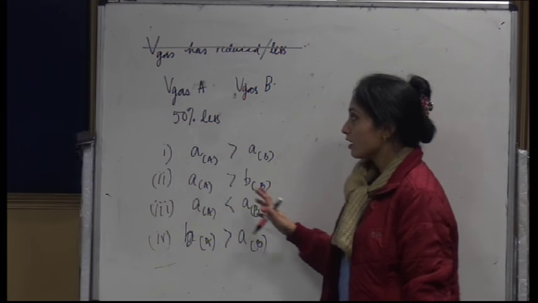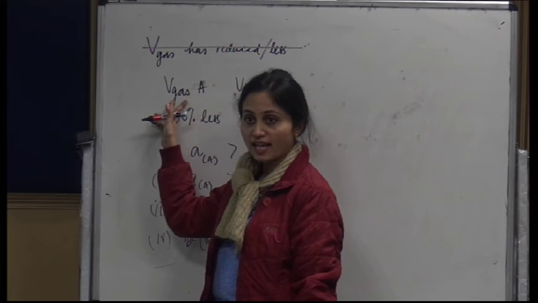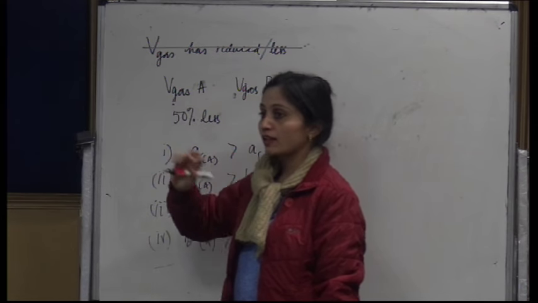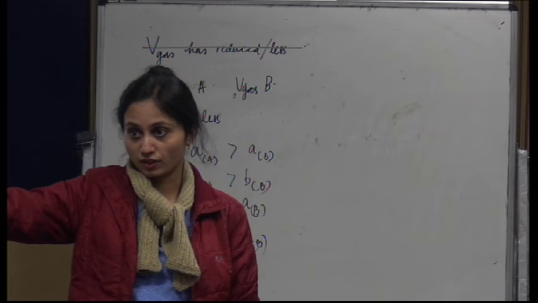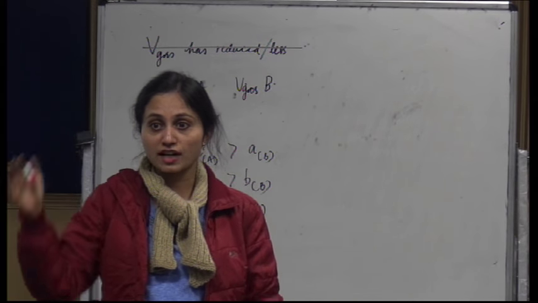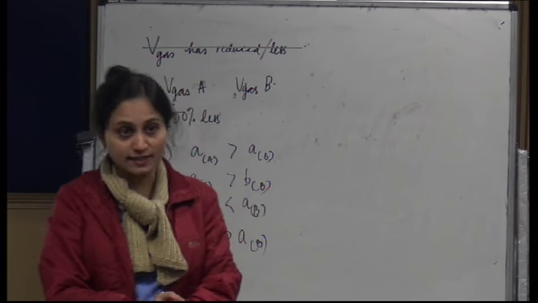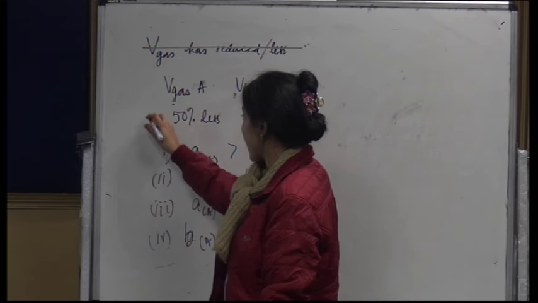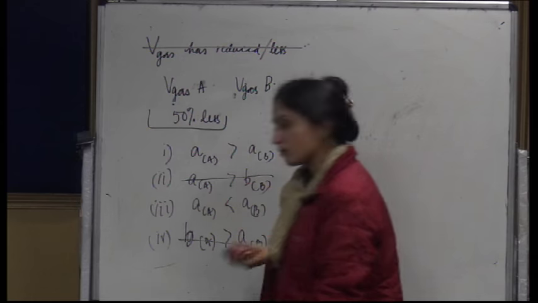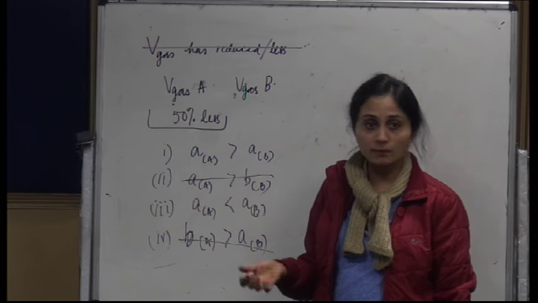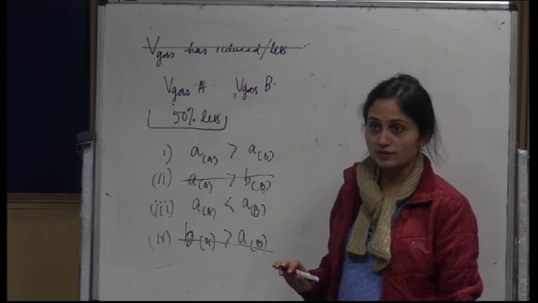Now here when I am talking about the volume of the gas, remember that अगर हमारा a ज़्यादा होगा तो that means greater forces of attraction, and if you have greater forces of attraction that means the volume will be less. So in this case, first of all there is no relation between a and b that can be compared. No comparison between a first standard student with a 12th standard student.